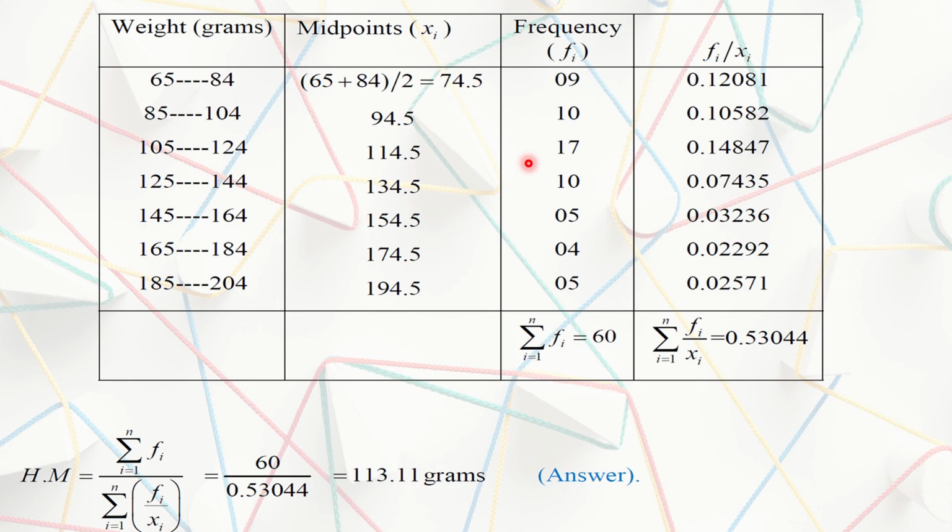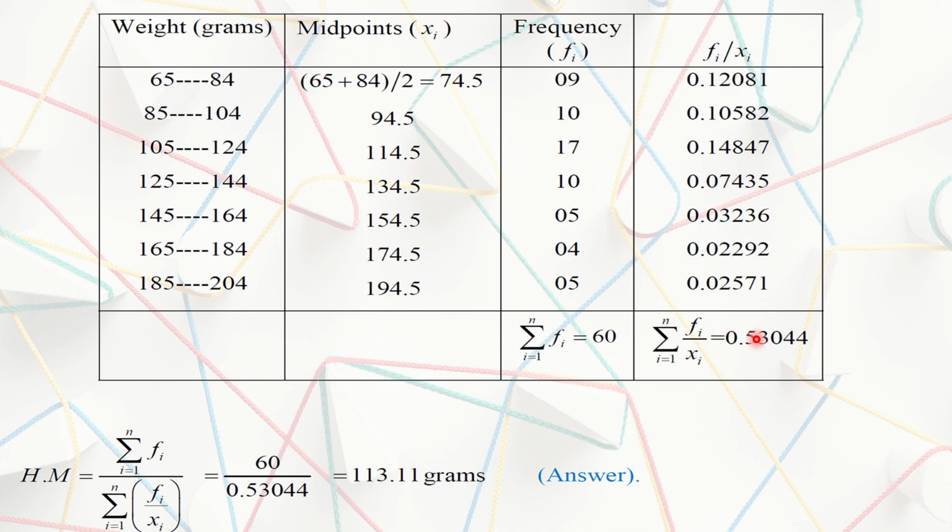So without including that 1 over x column, we directly go for the frequencies, the midpoints, and then the final product. So we have 74.5 and 9. 9 divided by 74.5 gives 0.12081, whereas 10 divided by 94.5, 17 divided by 114.5, and so on. So these will be the values of fi by xi.